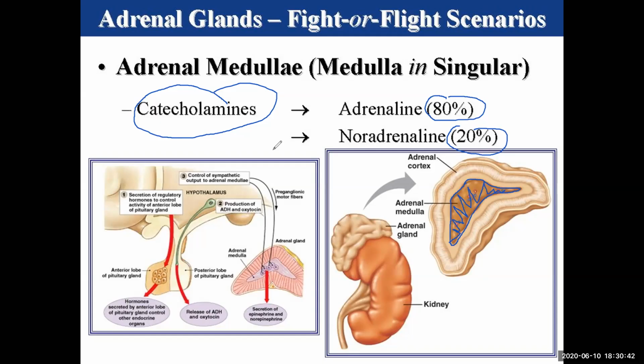And the cells that produce and release epinephrine and norepinephrine are called modified ganglia, or a modified ganglion. So they are not, how would I say this, ganglionic neurons. They have changed, and their name now is chromaffin cells.